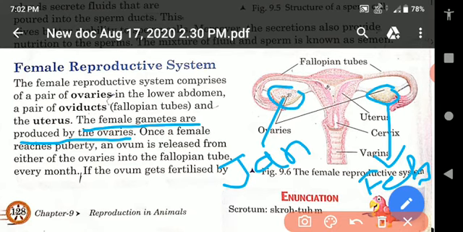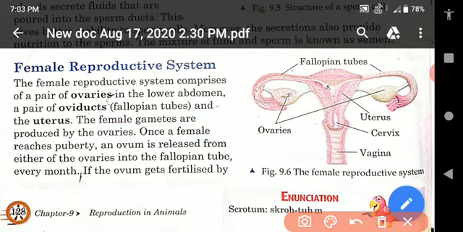In the next month again the left side ovary, and in April the right side ovary. So in alternate months the egg is produced by each ovary. Understood?